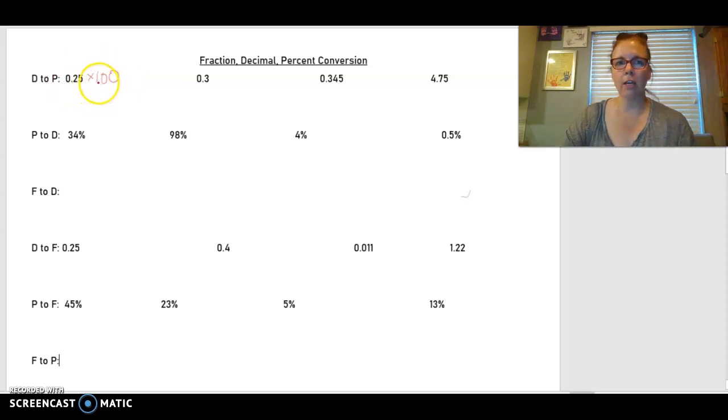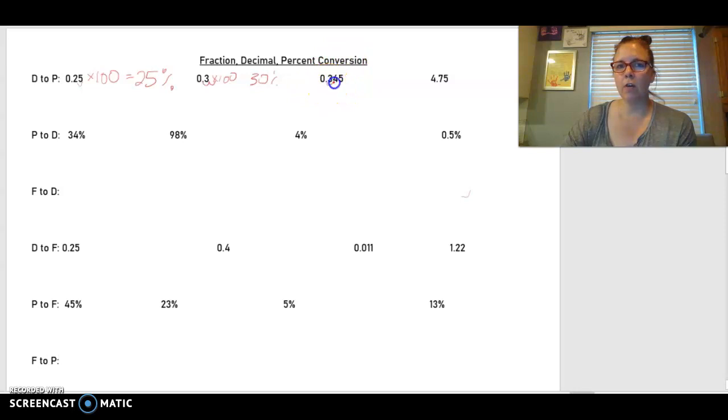In your calculator, put 0.25 times 100, or do it off to the side. But you can also just move the decimal 2 places to the right, and that's going to give us 25%. This one, 0.3 times 100, or move our decimal 2 places to the right. You're going to have to add a 0, and now it becomes 30%.